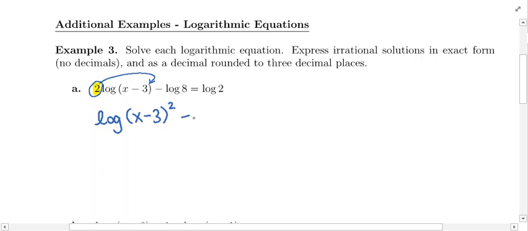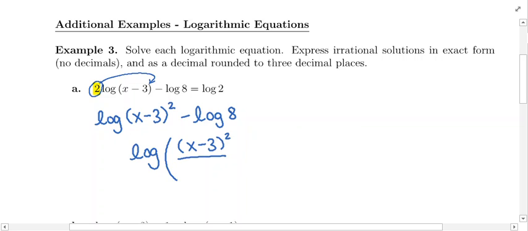Then minus the log of 8. Now we've got one logarithm minus another logarithm. They're of the same base, so we can combine them into 1 through division. The log of the first quantity is going to be the numerator, x minus 3 squared.